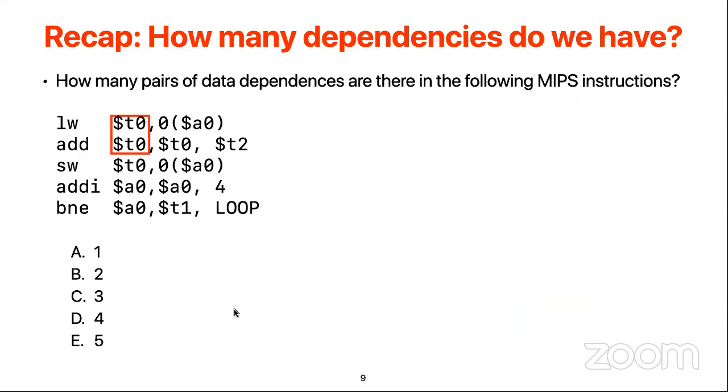For this question, as I said, data dependency depends on the output of an instruction being the input of a later instruction.